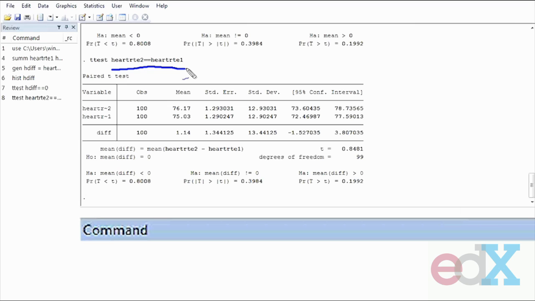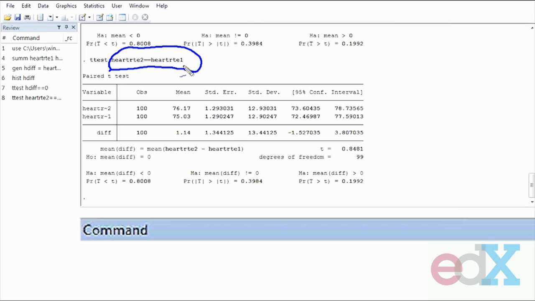And the only difference is we create a new variable called HDiff, while this t-test doesn't require you to create a new variable. It's preference of which way you prefer. I prefer to generate the differences because then we can look at, say for instance, a histogram of the differences, and we can at least examine whether or not they're normally distributed.